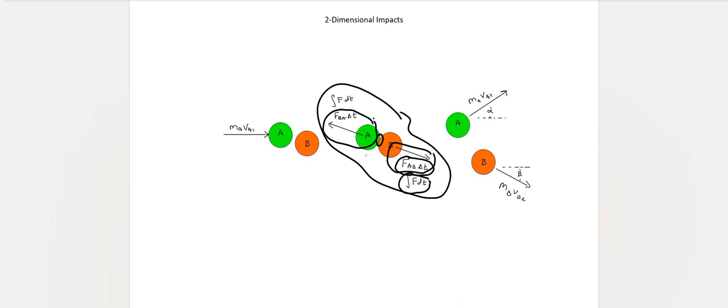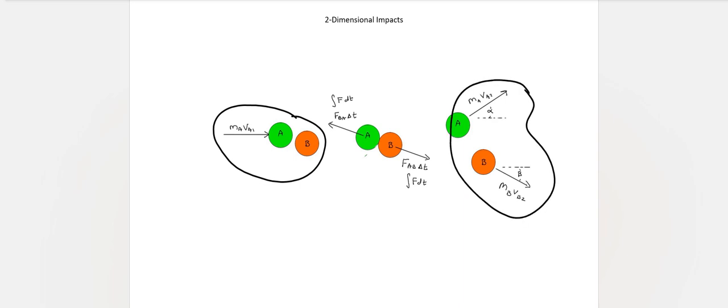So if I draw the impulse, that's just force times time, it would be up and left as shown. And a really important thing to realize is that as long as we define both of these at the same time, the net impulse is zero because of Newton's third law. These forces are equal in magnitude, opposite in direction.